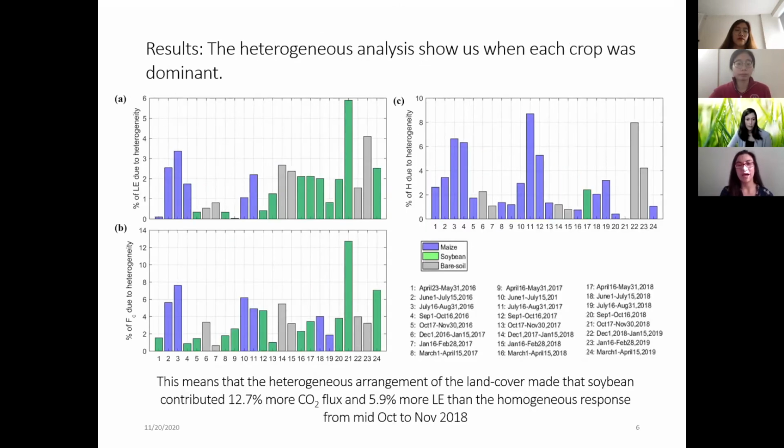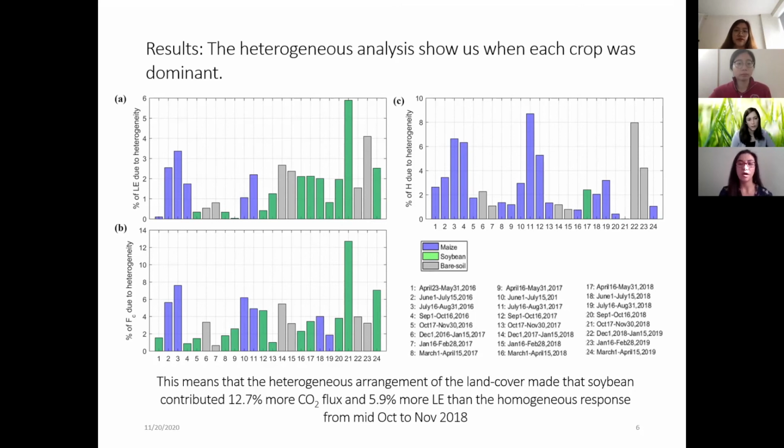And in this slide, I am showing the relative importance of the dominance of a given crop as seen in the field. So here we plot the difference of the percentage of the contributions between the organized heterogeneous mosaic, that is what we have in the field, and the results from a hypothetical homogeneous case.